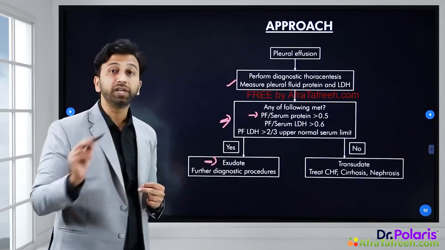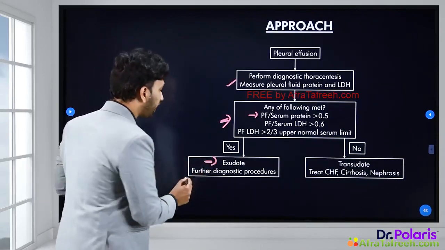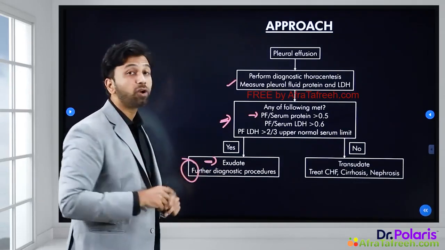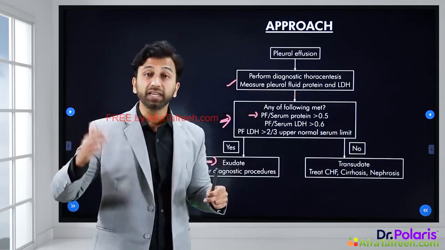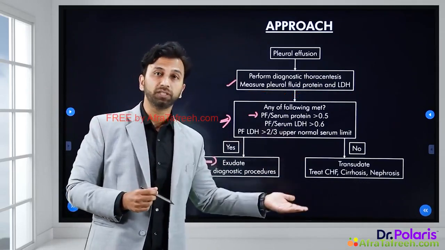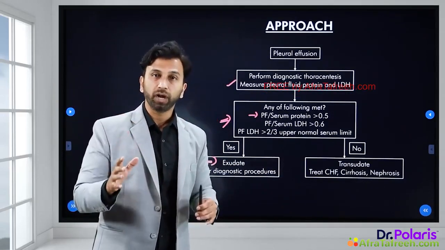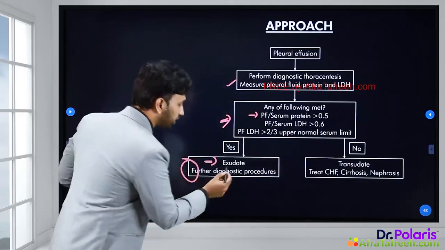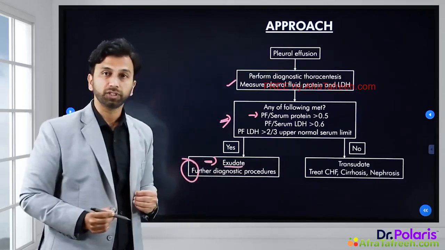is exudative. And usually it is the local cause that is leading to an increased production of pleural fluid or a decrease or a defective absorption. A local cause of pleura is the one which is causing this exudative pleural effusion.